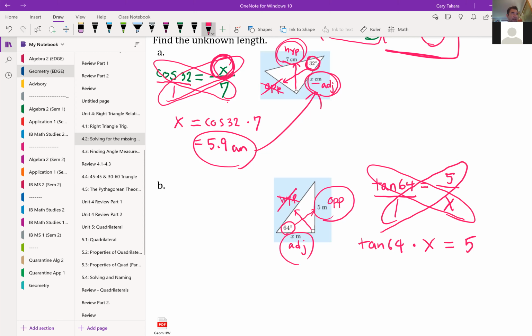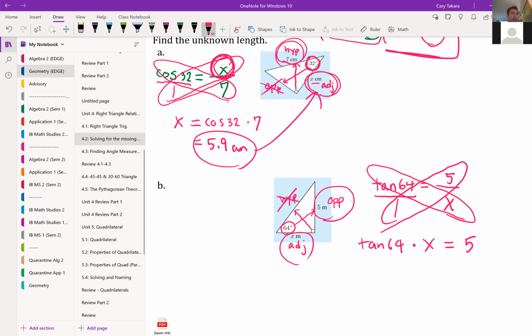Since you want to solve for x, you want to get to the point where it says x equals a number, right? So we need to get rid of tangent of 64. How do we get rid of this tangent of 64? You're going to divide both sides by tangent of 64. And that cancels out. So the answer will be x equals 5 divided by tangent of 64.